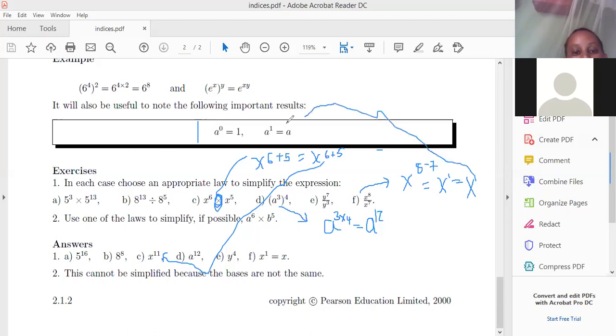Going back to what we have here, you'll understand why we call it now x. Again, when it comes to division, you can now try number E here. You just subtract the powers because the base is actually the same.